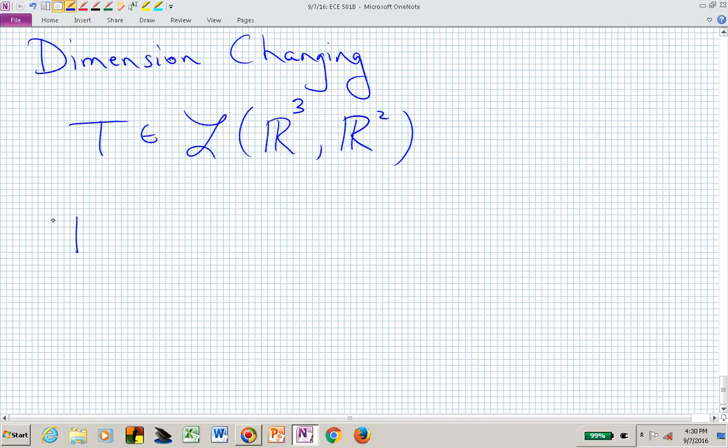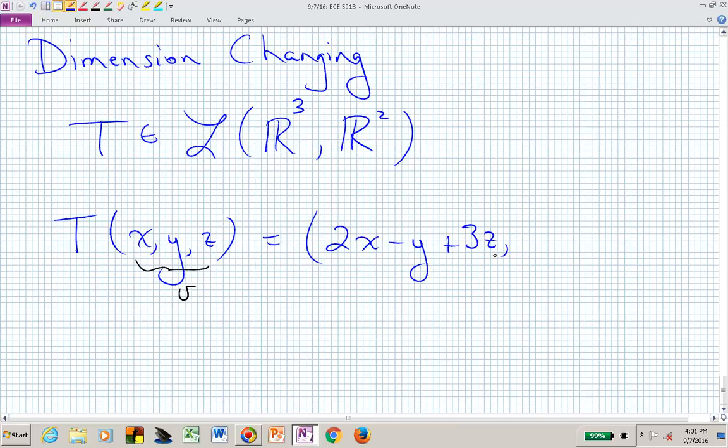But we don't necessarily have to do that. We can simply say, now we're operating on a vector v that I'm explicitly identifying its three coordinates, x, y, and z. X, y, and z are the coordinates of a vector v where v is living in R3. And what we're saying with this dimension changing, to give us just an example, we might say, oh, we want to go from a 3 vector to a 2 vector. And one way of doing that would be to just take some linear combination of the 3 coordinates of our vector v.